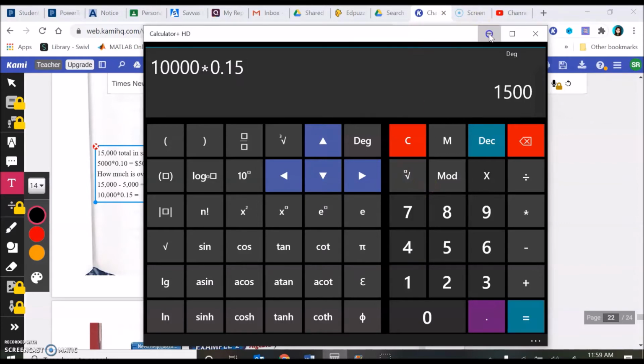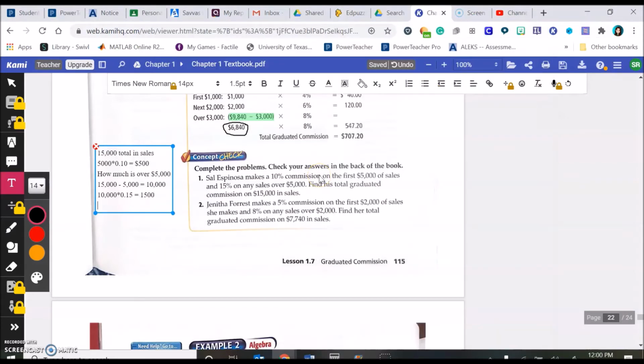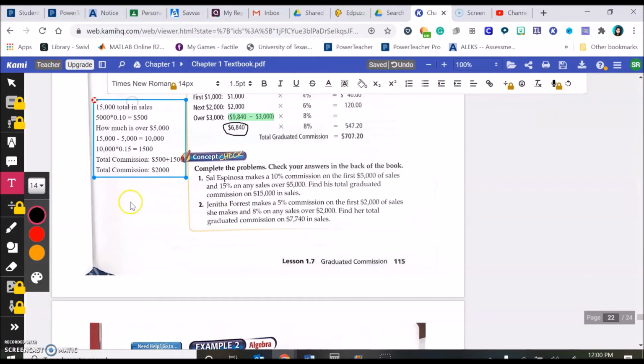That's 1,500. So his total commission was 500 plus the 1,500, which is $2,000.